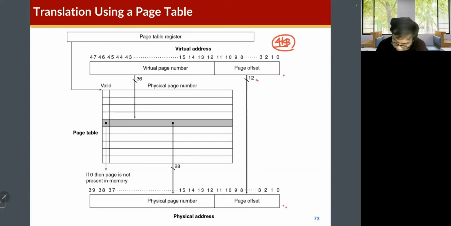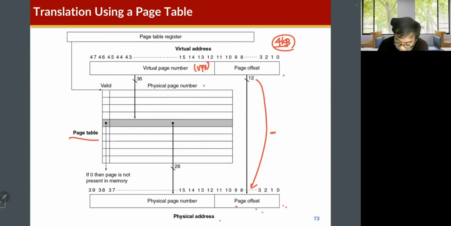This page offset part is directly copied to the page offset part of the physical address. And then this is the virtual page number, and this is the page table.